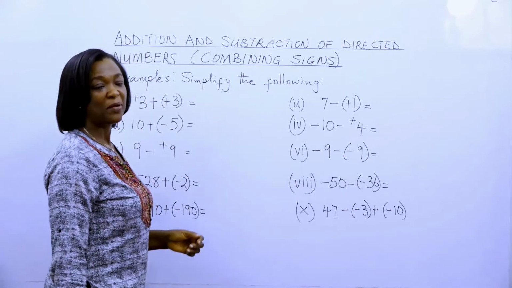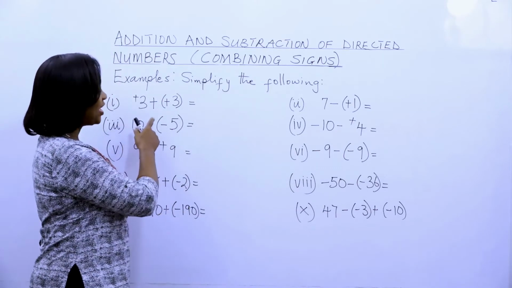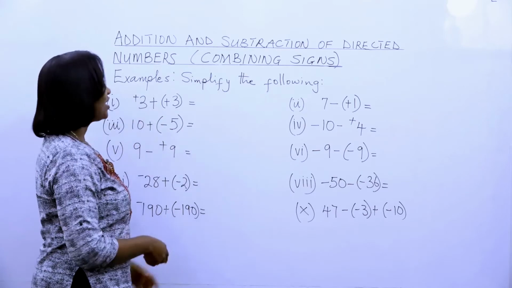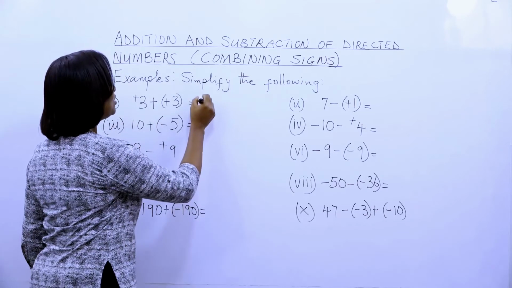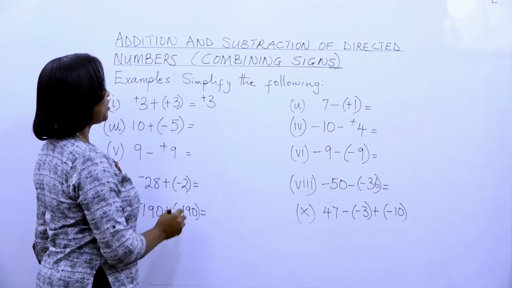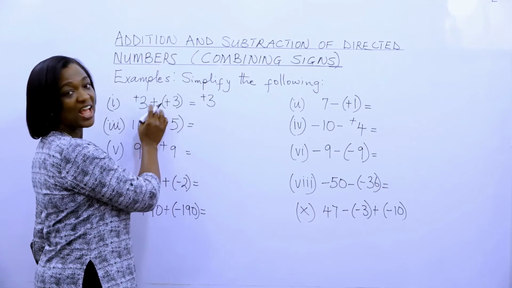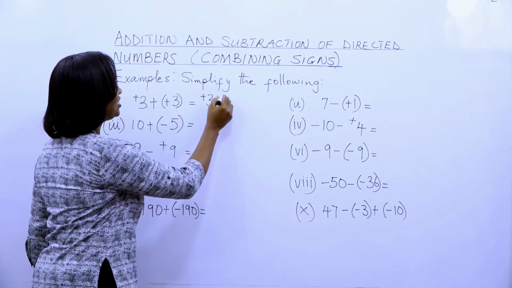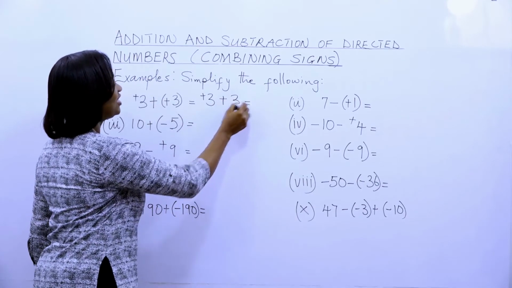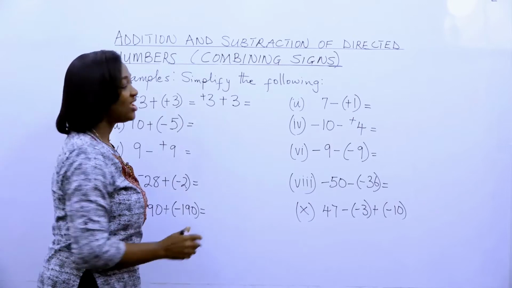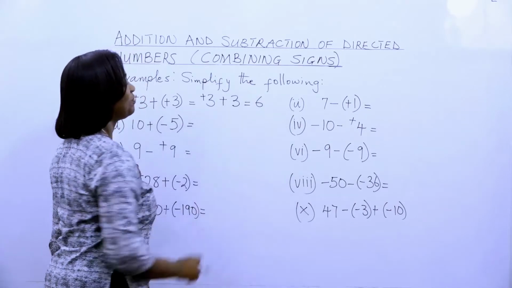Simplify the following: plus 3 plus 3. That means to positive 3, we are adding 3 because plus and plus is a plus. And 3 plus 3 is equal to 6.